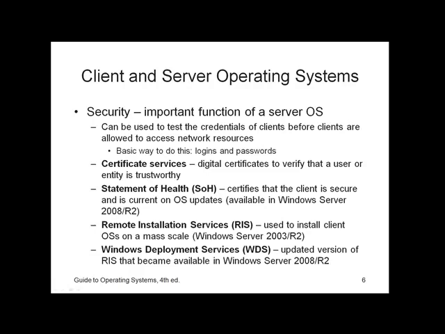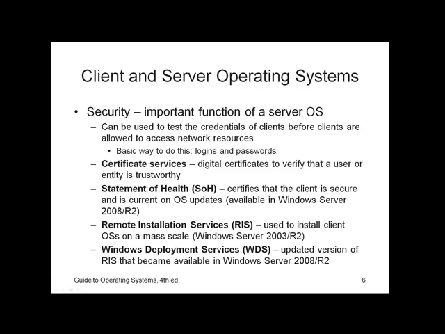Now, networks that are running Windows Server 2008 or 2008 Release 2 have an additional layer of functionality that we refer to as the Statement of Health, or SOH. Now, the SOH basically helps ensure that each network client connecting to the server is valid.